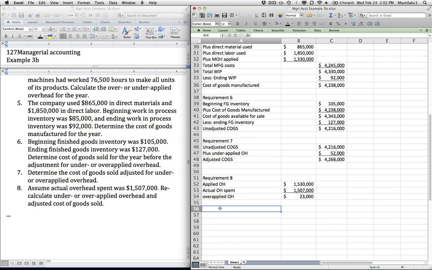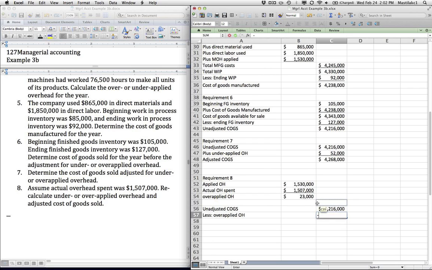So what we're going to do there to adjust cost of goods sold is to take our unadjusted cost of goods sold of $4,216,000. We're going to subtract out our over-applied overhead, because in this example, if we'd spent $1,507,000 but put $1,530,000 into overhead, we've put more cost into our inventory accounts than we've actually spent.